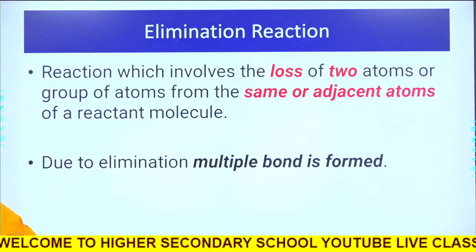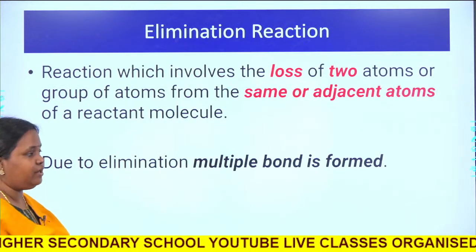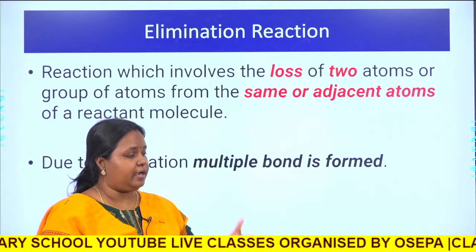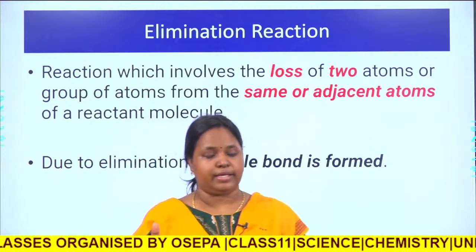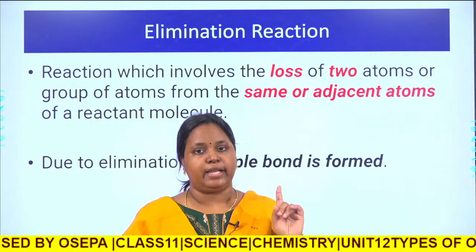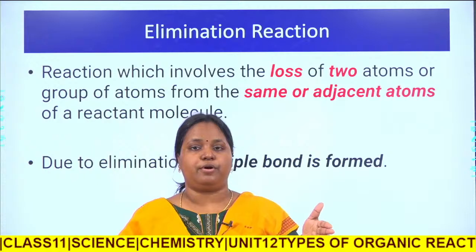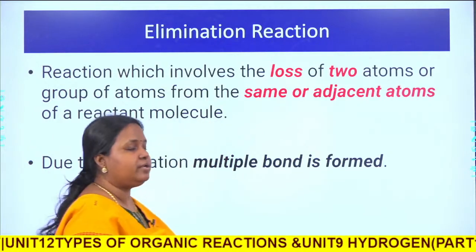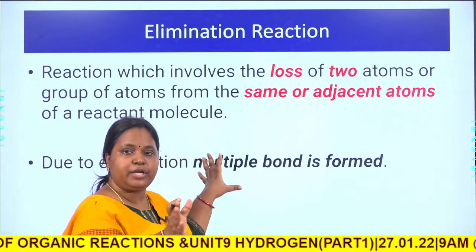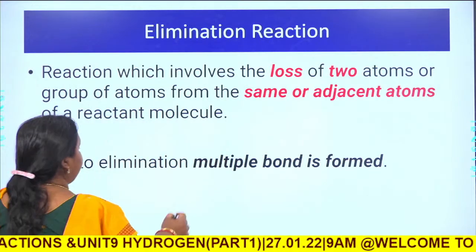Now elimination reaction is just the reverse of the addition reaction. In addition reaction, a double bond breaks and a sigma bond is formed, whereas in elimination reaction, sigma bonds break and a pi bond is formed, so some molecule, like water, is eliminated. What is an elimination reaction?